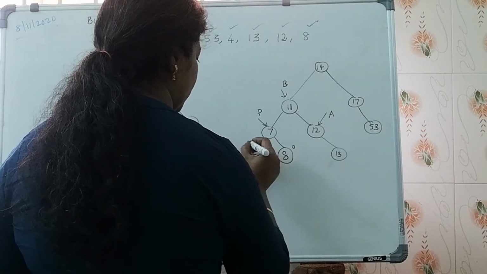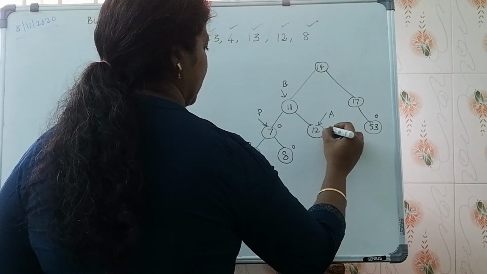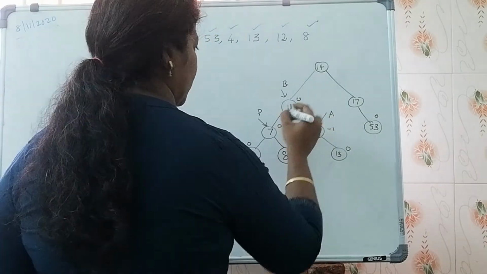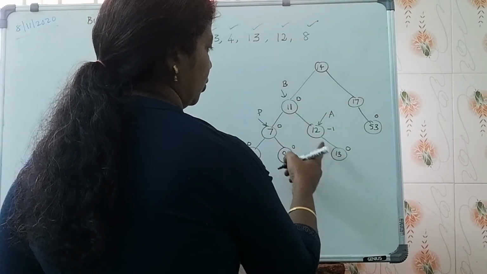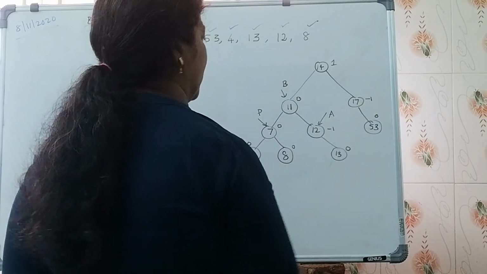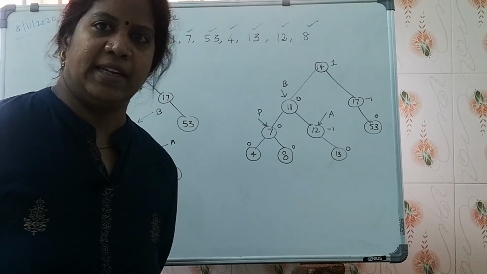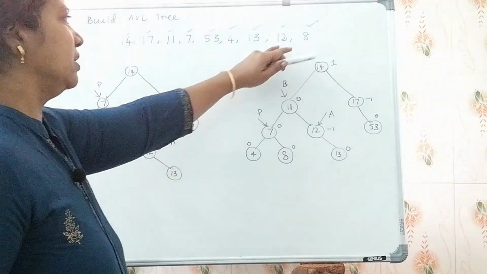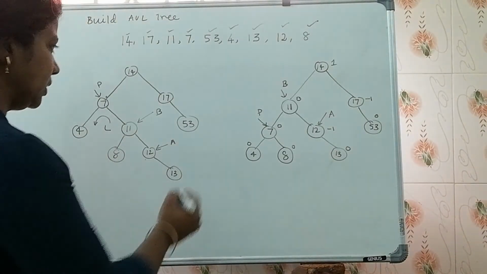So 0 0 0 0 0, for this is minus 1, for this is 0. Why? Because 1 2 1 2 1 2 3, 3 minus 2 is 1 for this, and this is minus 1. Note down, every node satisfies the condition of balance factor. Now after inserting node 8, the tree is balanced.